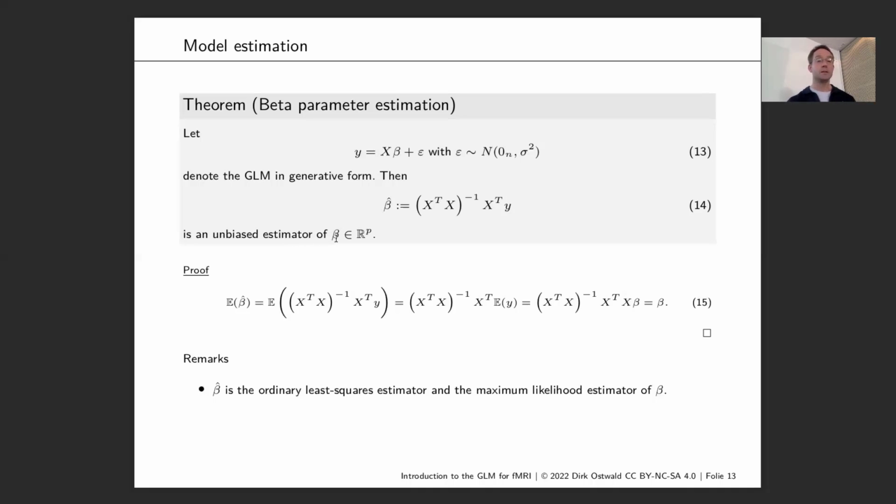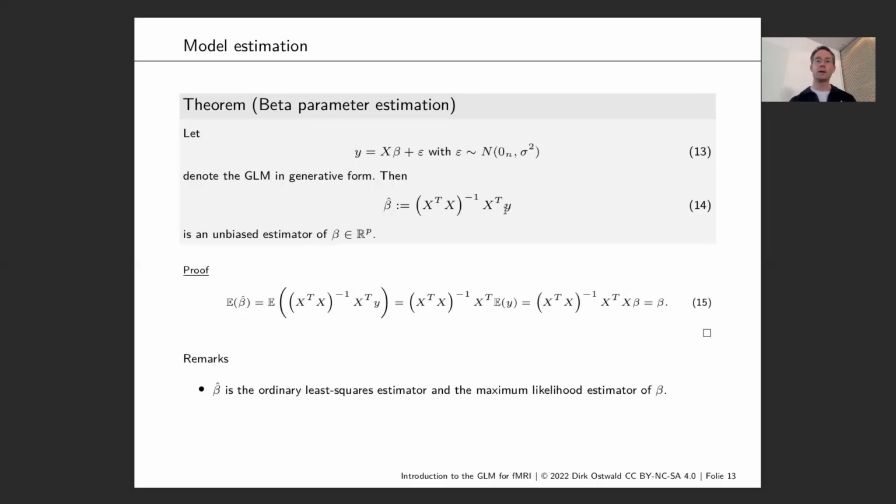What does unbiased mean? Unbiased means that the expected value of this estimator corresponds to the true but unknown value. Why expected value? Well, this y is random, right? So we can create samples from our GLM and we get different samples for y. Now, our x, our design matrix, is always fixed. And then it's also fixed what this matrix product (X^T X)^-1 X^T is.